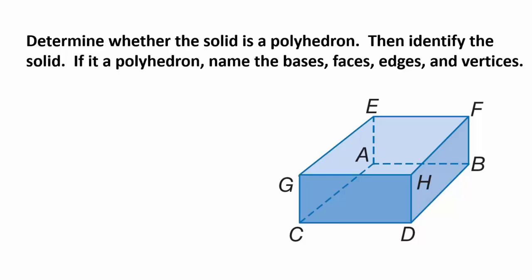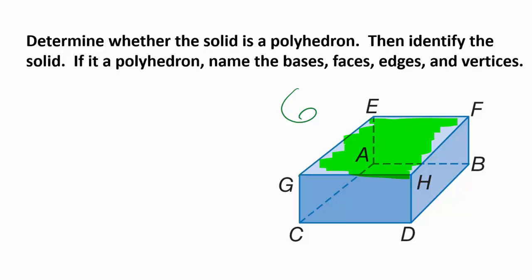Now we're going to look at the faces of the rectangular prism, and because it is a rectangular prism, it's going to have six different faces, and I'm going to highlight a few of them and name them as we go along. So of course, the two bases that we just named a second ago.